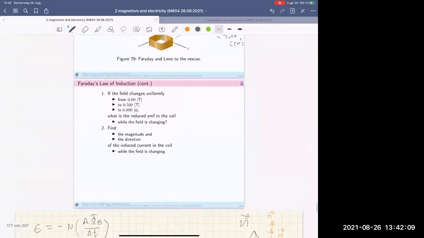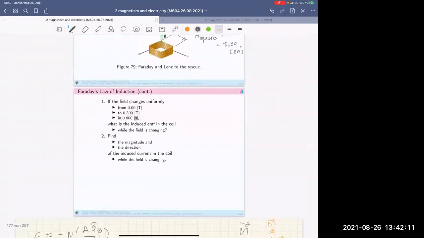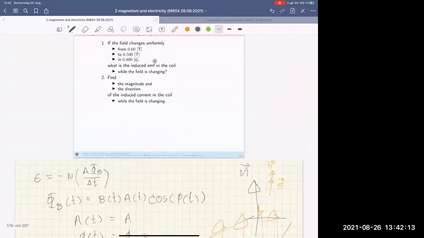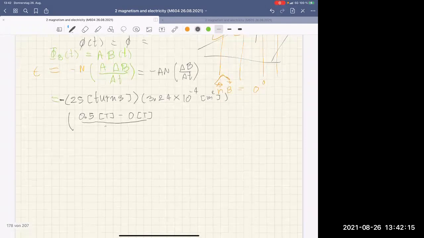How long did we observe? 0.8 second. It's not so hard. Like this, okay. We leave it to the calculator.